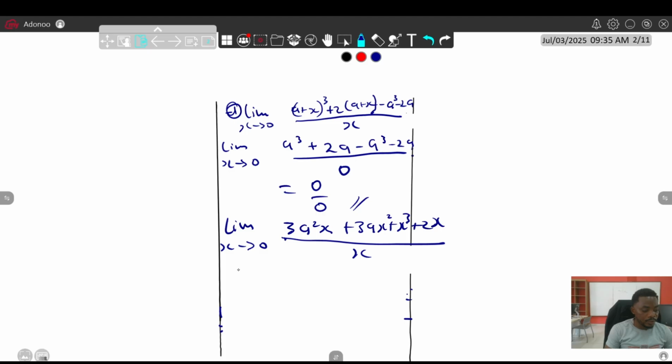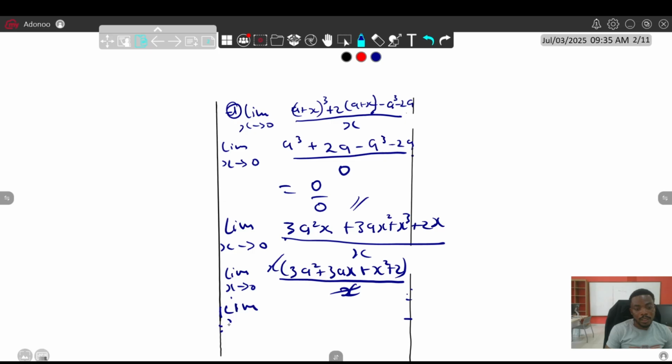And this in turn gives us the limit as x approaches 0; we can just bring out the x here and say x times 3a squared plus 3ax plus x squared plus 2, over x.